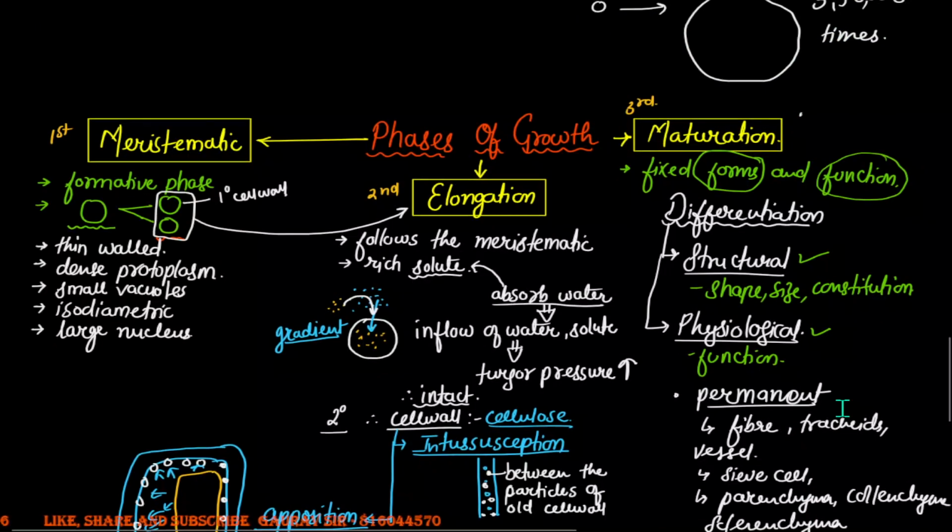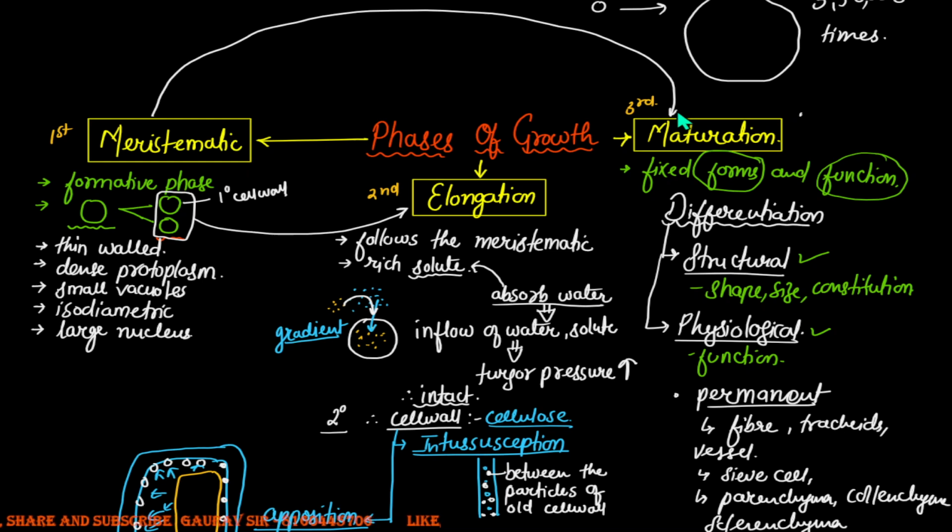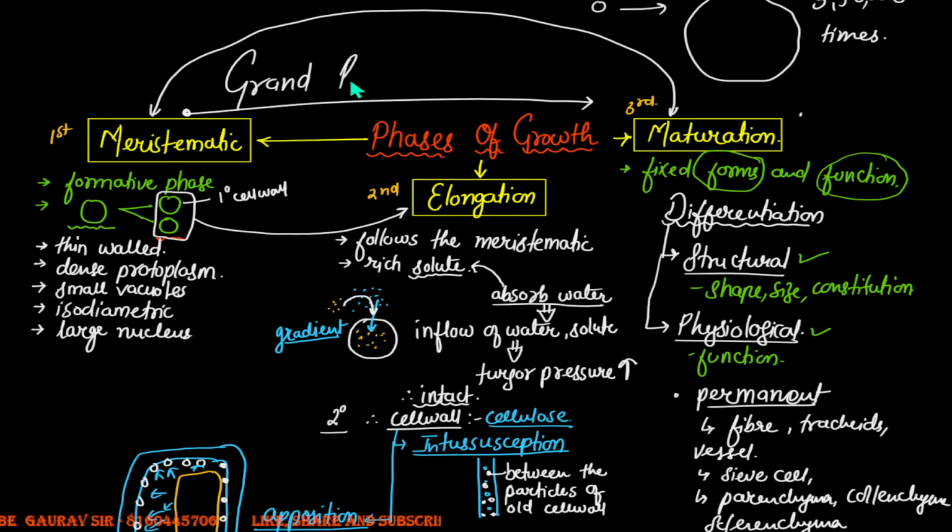The length of time that a cell spends from the meristematic phase to the maturation phase is referred to as the grand period of growth.